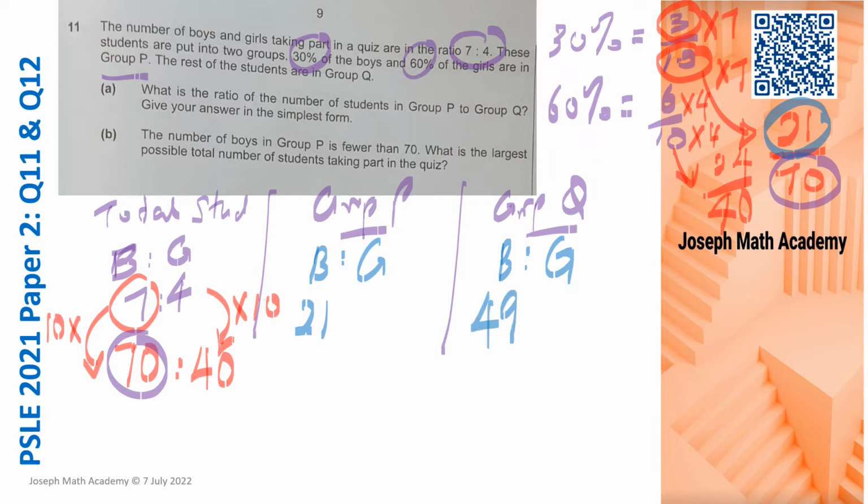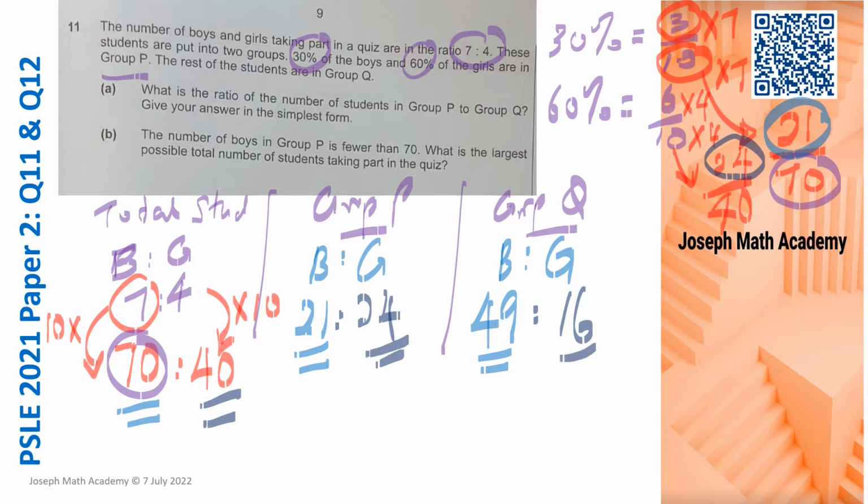How did I get 49? 70 minus 21 gives me 49. Okay, the girls category, let's do the same thing. This is 24, so I plug in 24 here. Now, what about here? This will be my 16. How to get 16? 40 minus 24 gives me 16. Right? So I have the two sets of ratio for group P and for group Q.